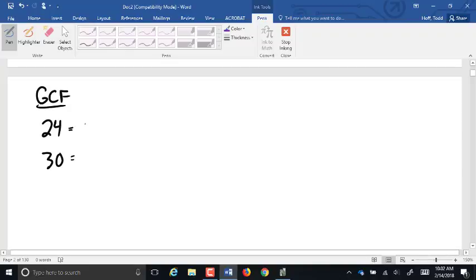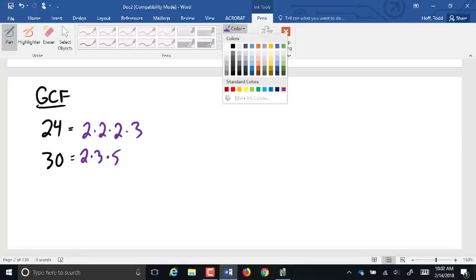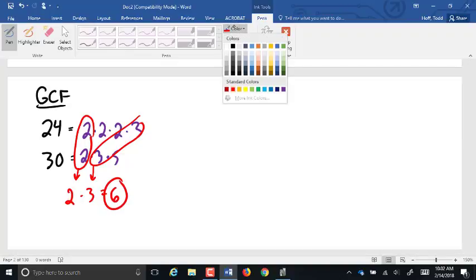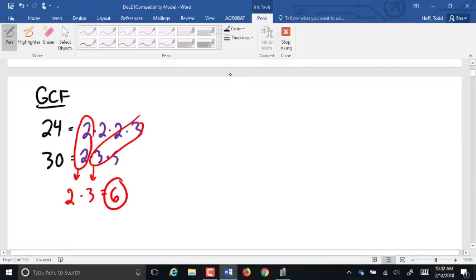So 24 factors into 2 times 2 times 2 times 3. 30 is 2 times 3 times 5. What do they have in common? They have a 2 and they have a 3. 2 times 3 is 6. So 6 is their greatest common factor.